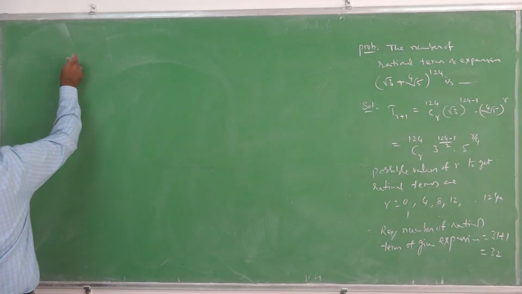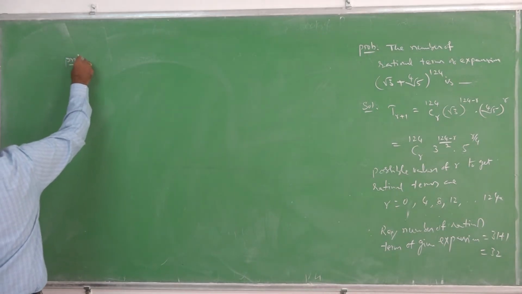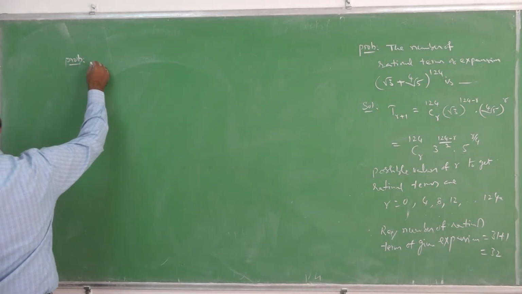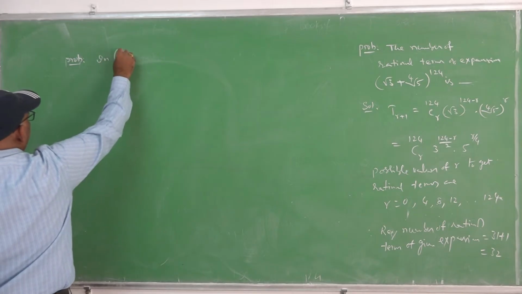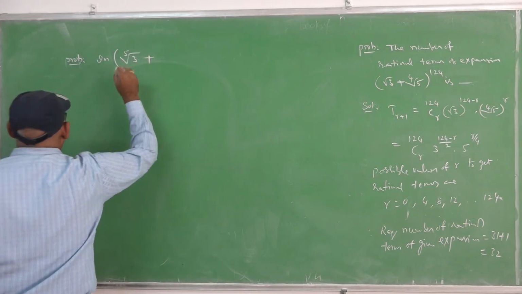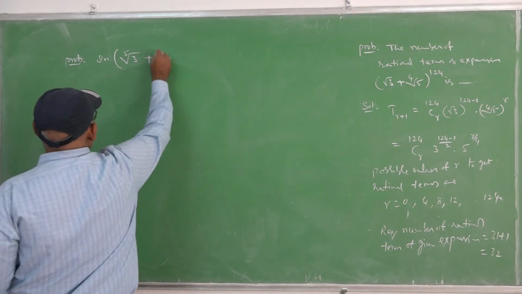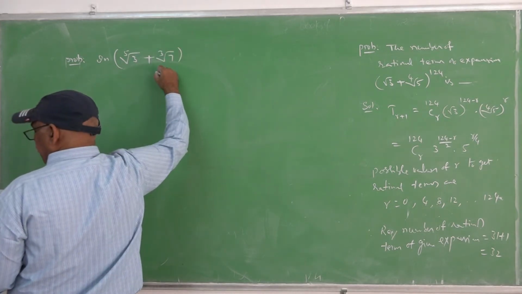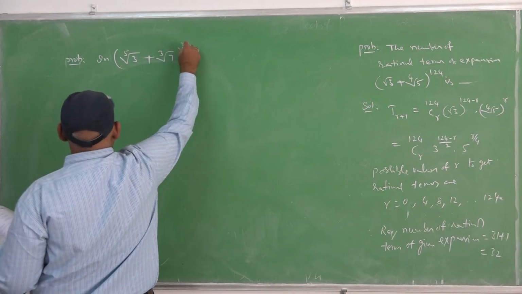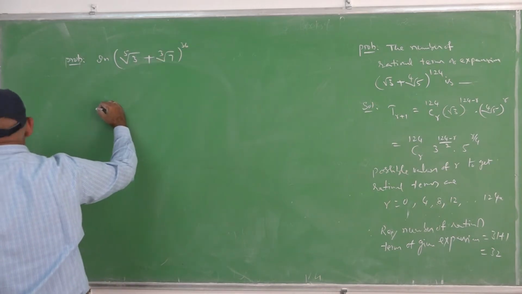One more problem, same model problem. In the expansion (³⁄₅√... that is (3^(1/5) + 7^(1/3))^36, the integral terms are?